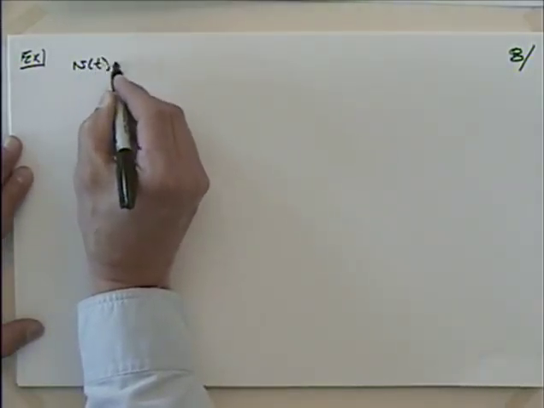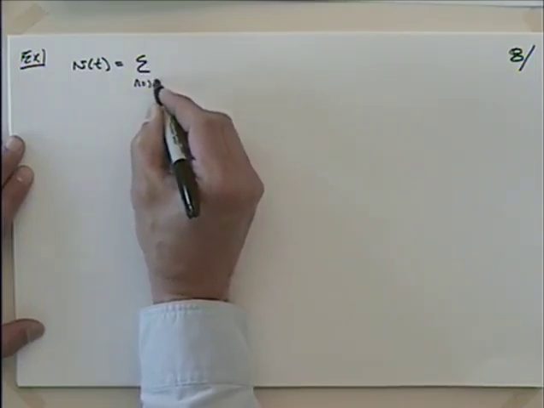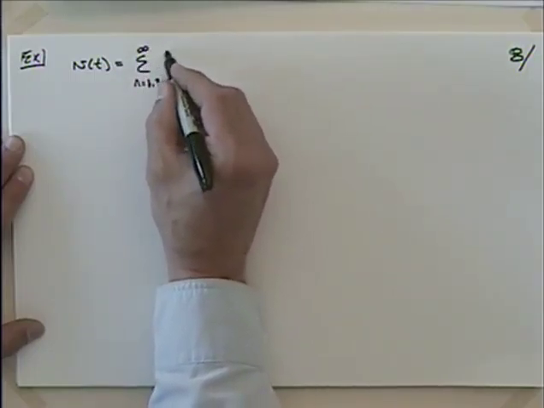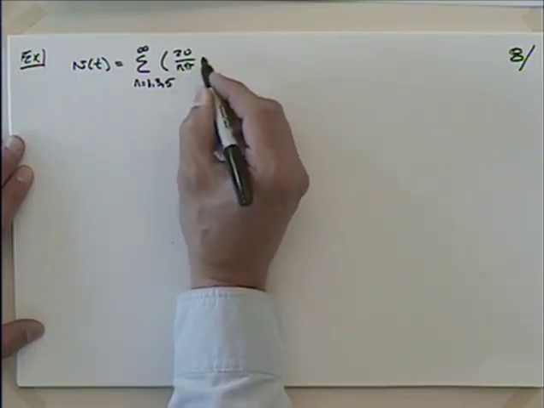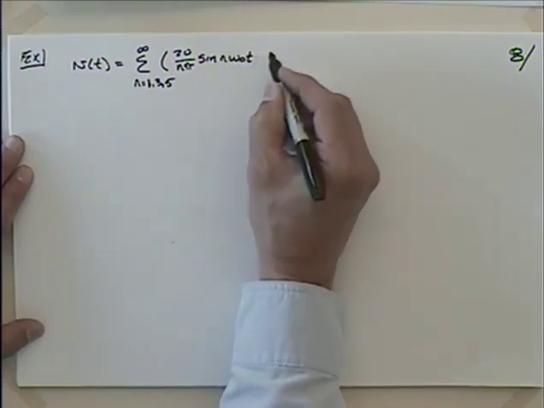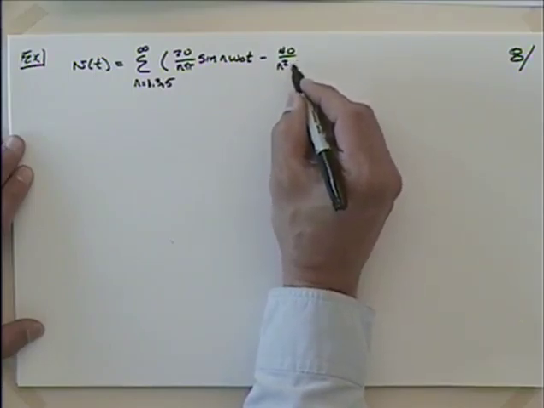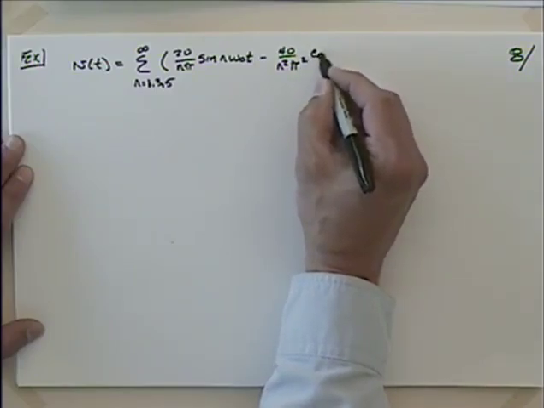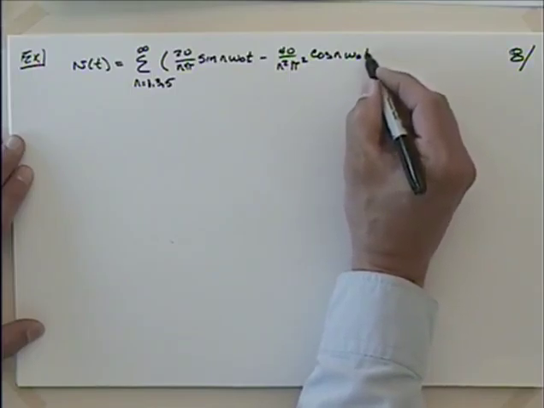I have some voltage that's equal to the sum n equals 1, 3, 5, and so on up to infinity, of 20 divided by n pi times the sine of n omega naught t, minus 40 over n squared pi squared times the cosine of n omega naught t.